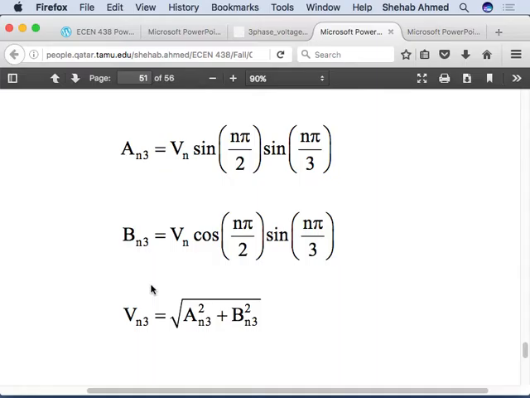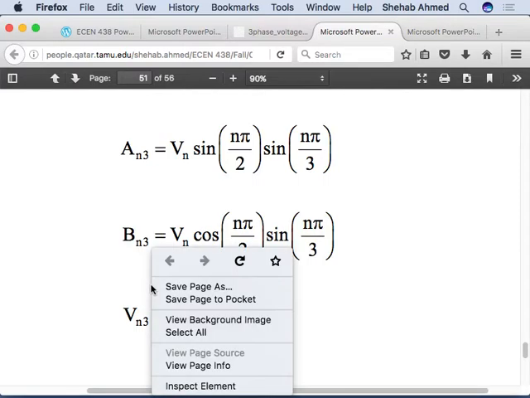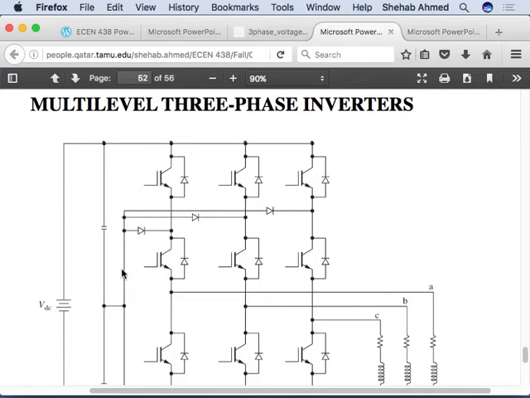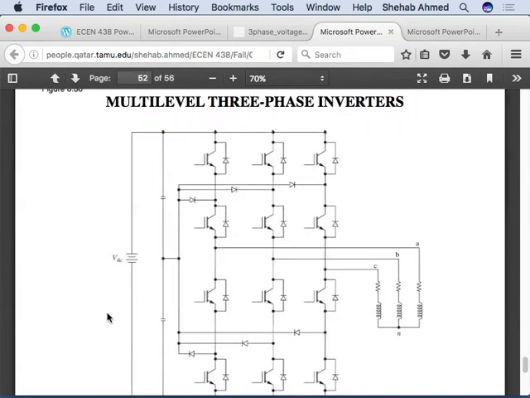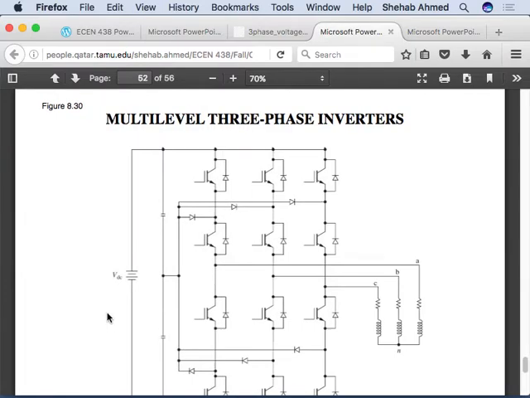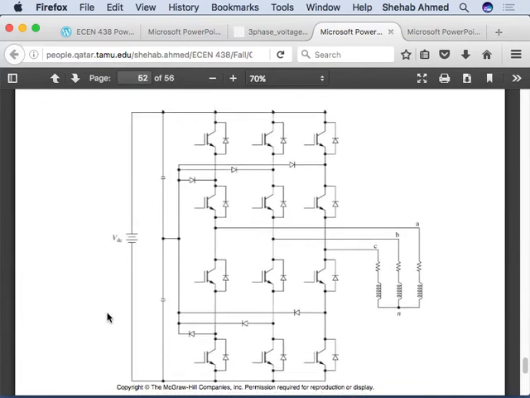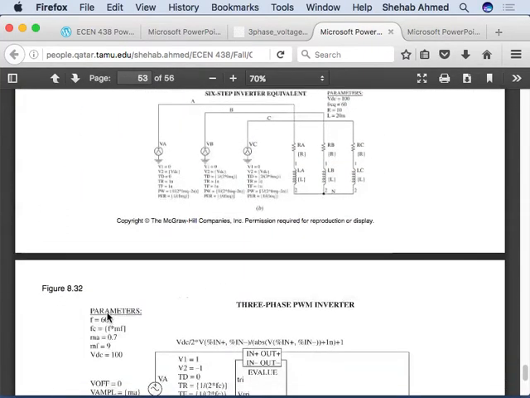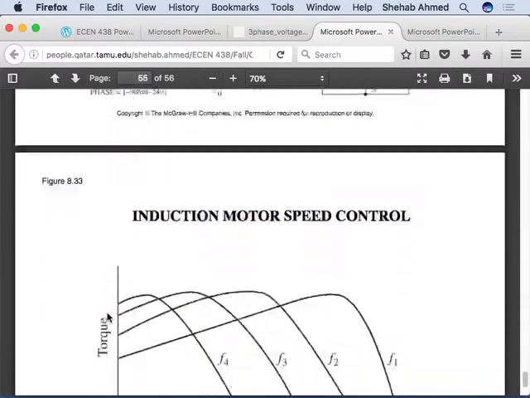So this is very practical when you think of a large system. Okay. Again, we talked about multi-level inverters before, and again, you can apply lots of modulation techniques to multi-level inverters as well. We will talk a little bit more about that. I have another set of slides that I'll show you soon.